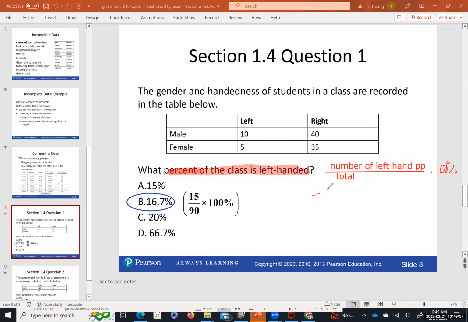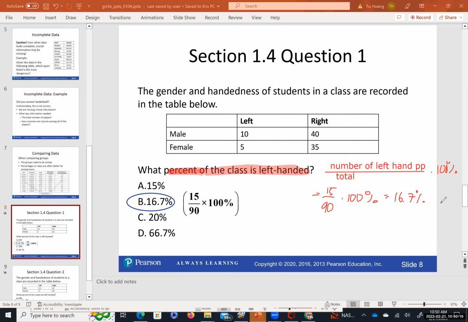So that means 15 over 90 times 100%, right? If you use a calculator, it's going to be 16.7%, rounded to 1 decimal place.